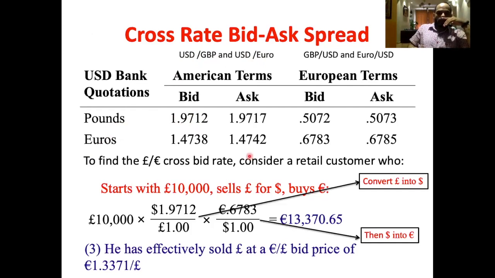If non-USD currency is numerator and USD is a denominator, it's European terms. So under European terms, non-US currency will be top and US currency will be bottom.